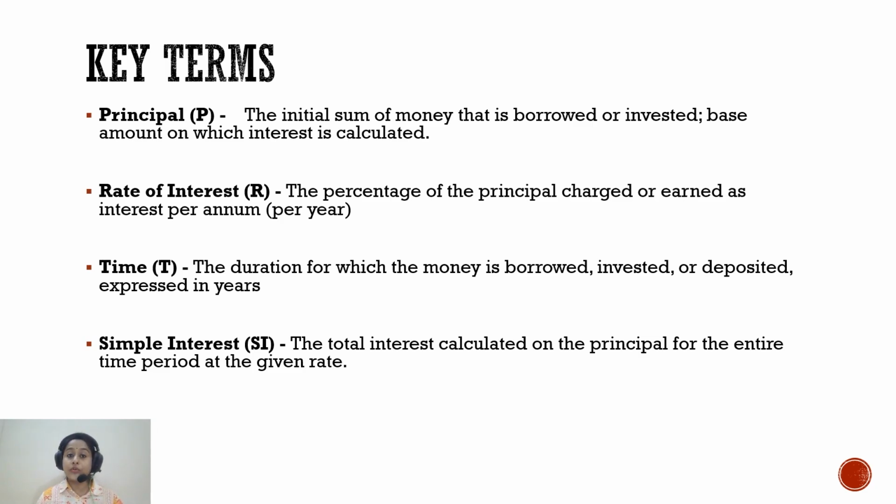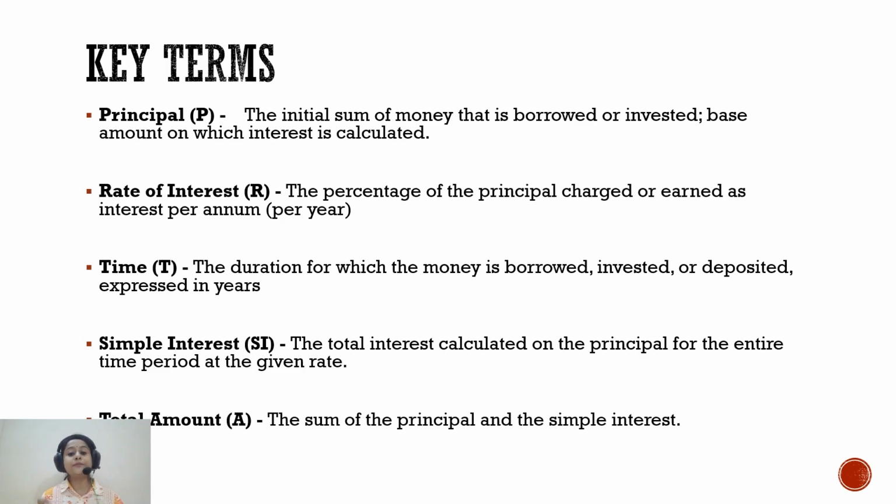If you have borrowed, what is the total amount you have to pay as interest? Or if you have invested, what is the total amount that you will earn on any particular sum of money? So that is simple interest, and total amount is principal plus interest.